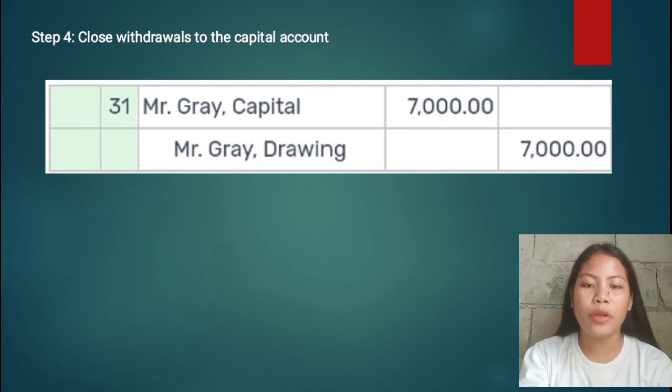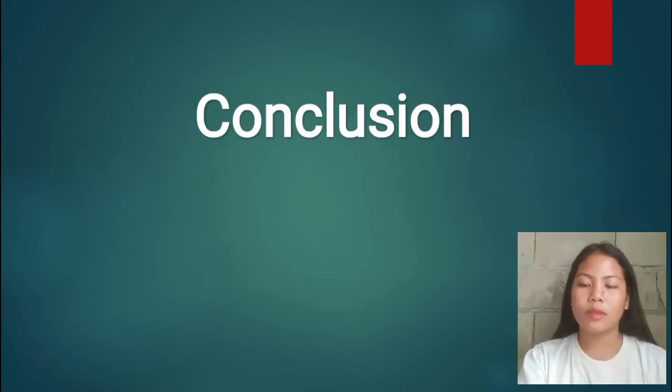However, some corporations use a temporary clearing account for dividends declared. Let's use dividends. They record declarations by debiting dividends and crediting dividends payable. If this is the case, then this temporary dividends account needs to be closed at the end of the period to the capital account, retained earnings.